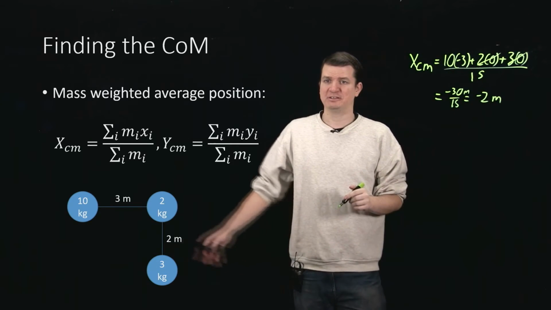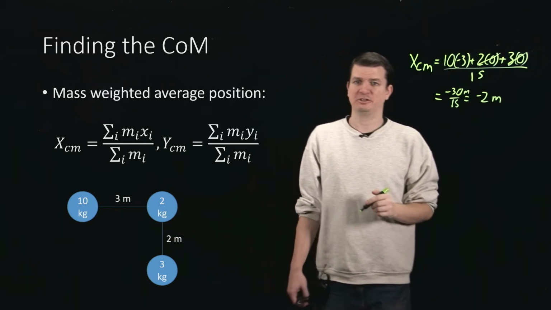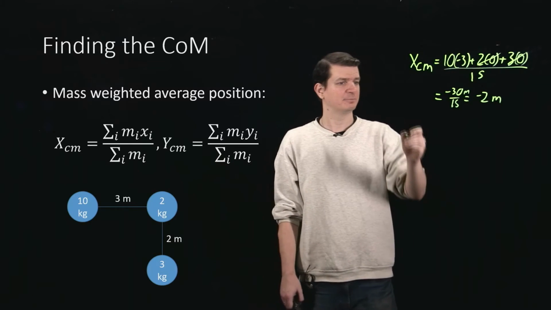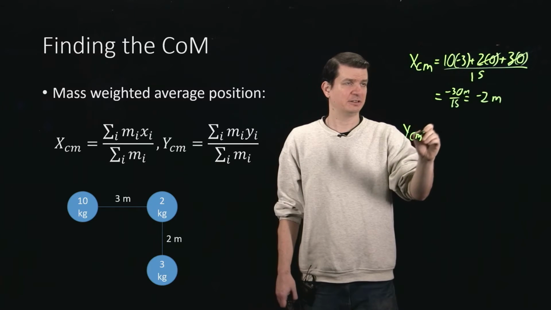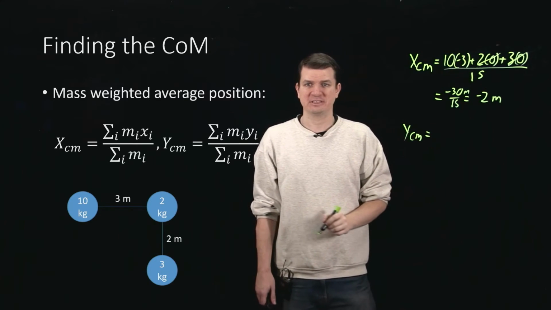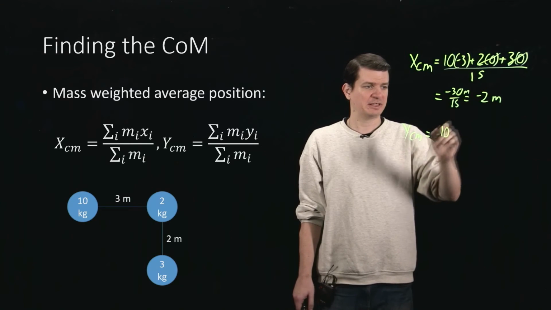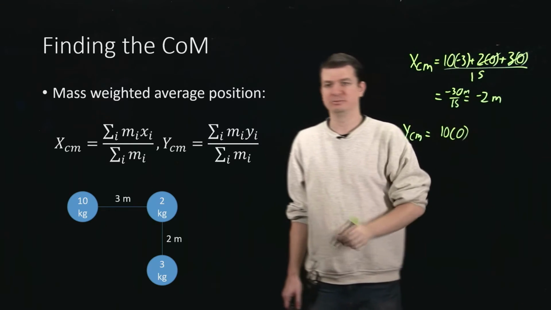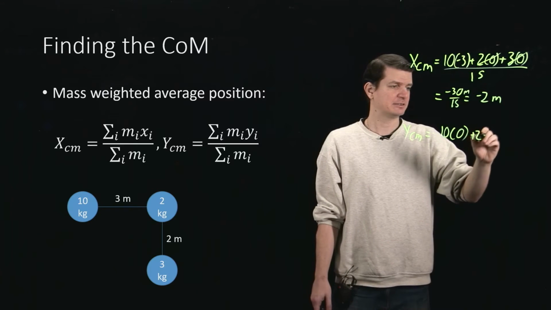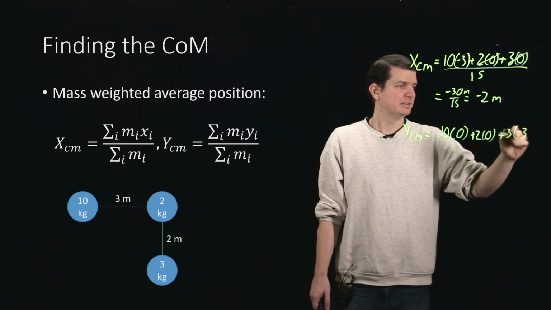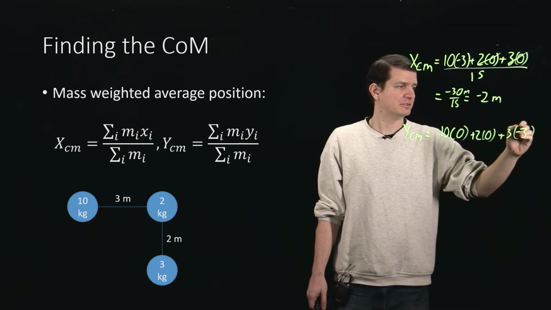It's 2 meters to the left of this 2 kilogram mass, and then at some y-coordinate, that's where I'll find the center of mass. So to complete the problem, let's go ahead and grab the y-coordinate of the center of mass. So again, what's going on? Well, I have a 10 kilogram mass, but that's actually sitting at y equals 0. Then I've got a 2 kilogram mass sitting at y equals 0. And then I've got a 3 kilogram mass sitting at negative 2 meters.